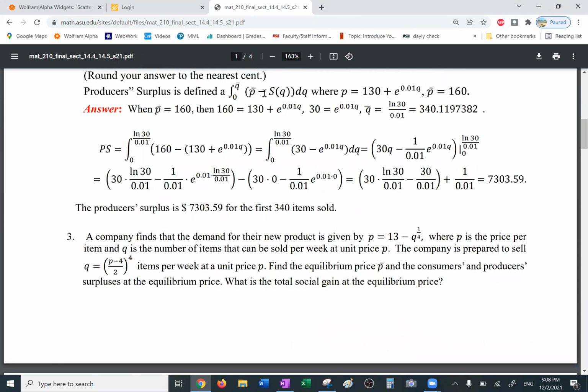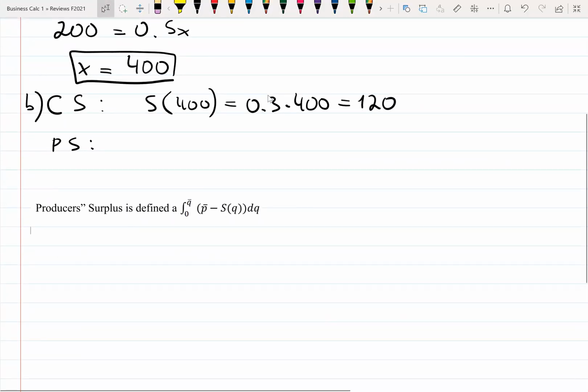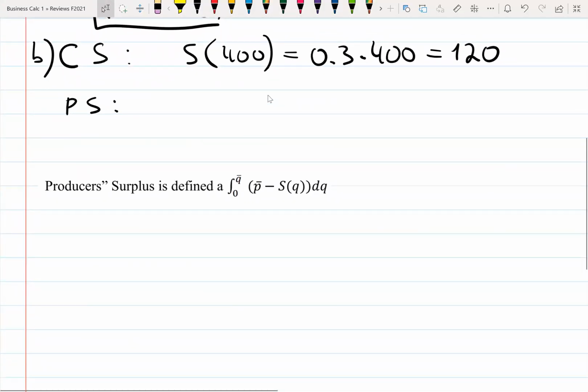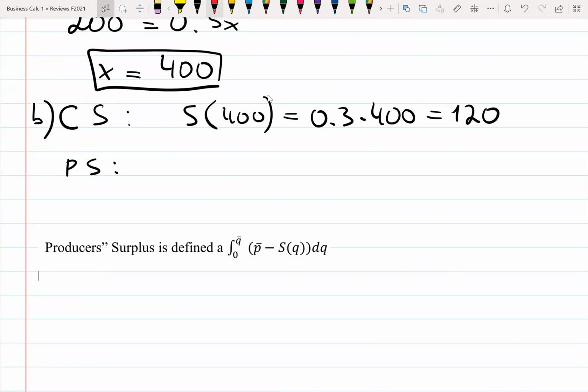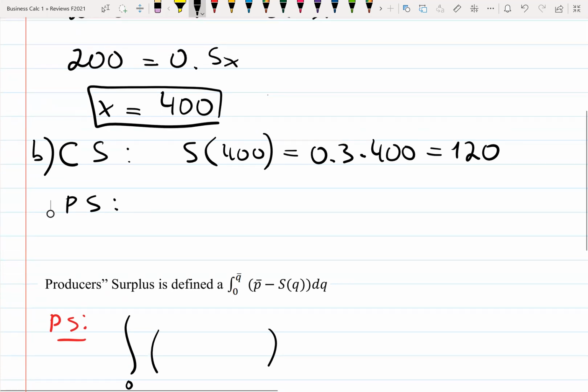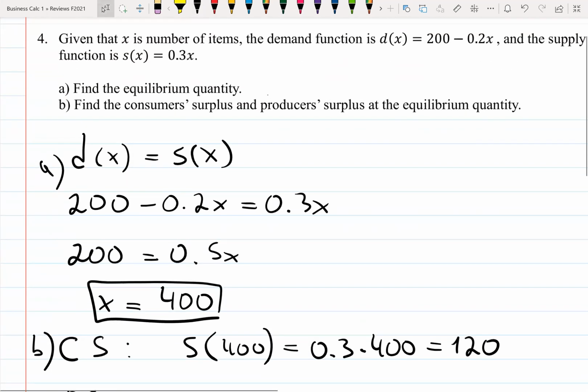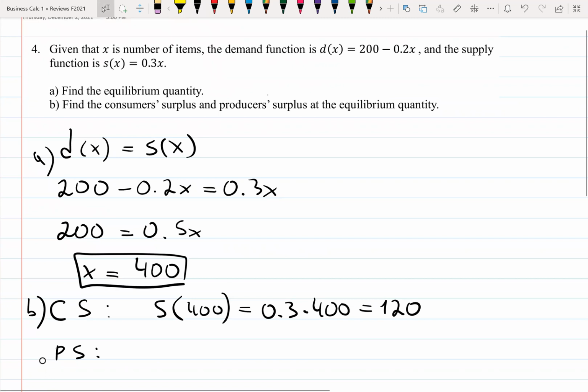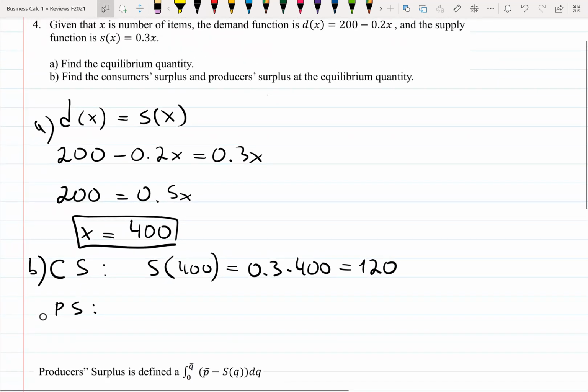Then Q minus S of Q. Anyone wants to help me to build the integral? Producer surplus, PS. PS is the integral from 0 to Q of P minus S of Q. Let's go back to the idea here and compare S of Q.